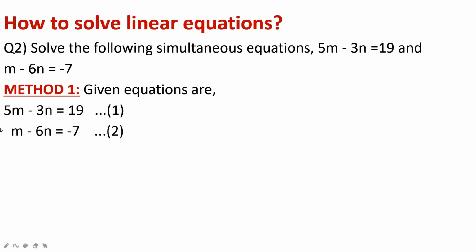Now, what is the benefit of making the coefficients same? If I'm making the coefficient of m in equation 2 as 5, I will get 5m and 5m over here. And if I subtract 1 by 2, then 5m will get cancelled. So then I can find the value of n easily. And then using the value of n, I can find m.